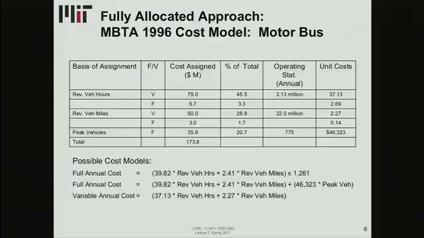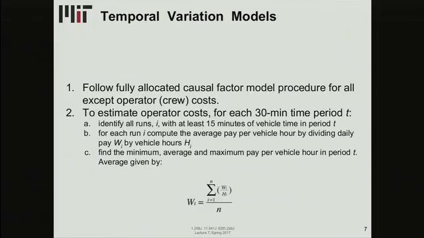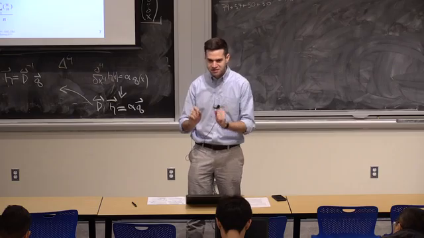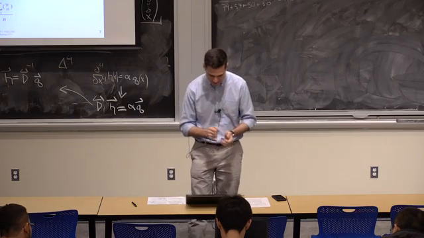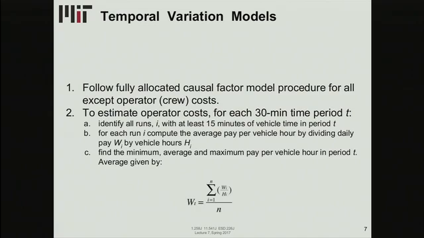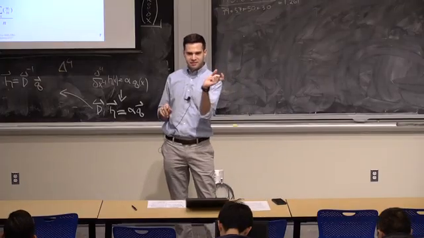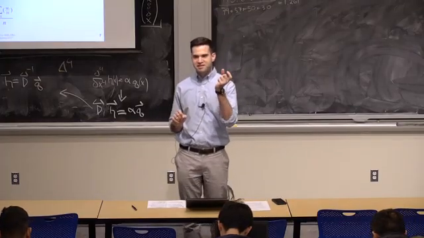And okay, so the approach of this model, which is an extension of the first one, is to do everything that we did except for driver costs, because these costs are very sensitive to time of day. And for those costs, for crew costs, we take the day, we divide it into 30-minute periods, and then we look at all runs. Now, a run is what a driver does in a day, right?